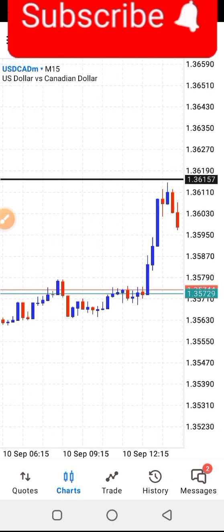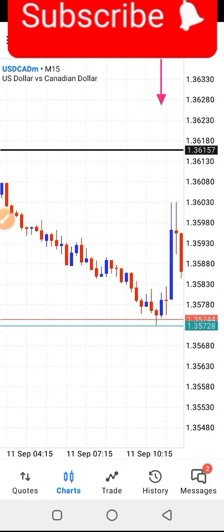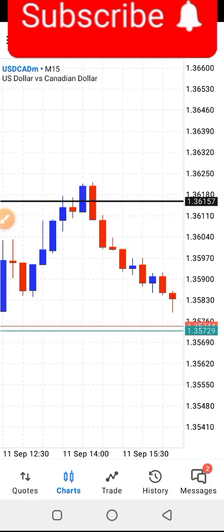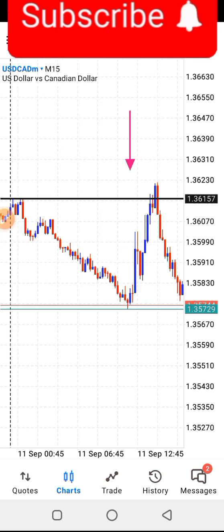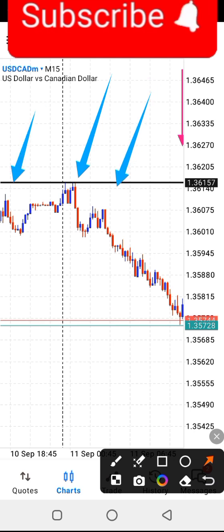Okay, so I've marked out like two examples of traps that were set. Okay, look at this is one trap. All right, so this is more like a resistance level. Okay, this level I drew right here is like a resistance level. Okay, because price failed to go beyond that level, then push down.